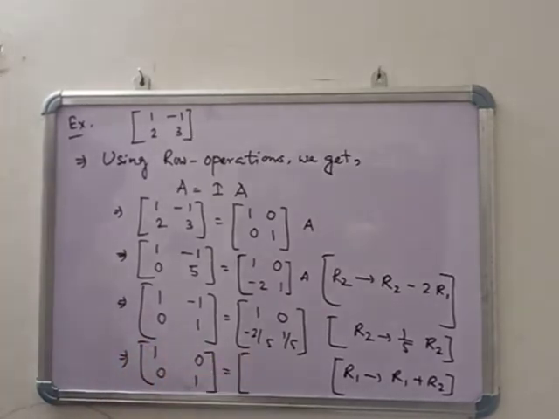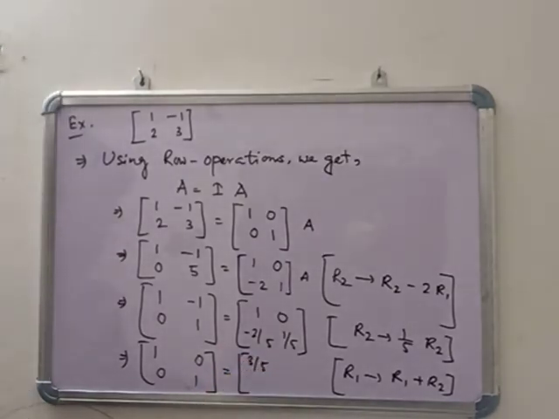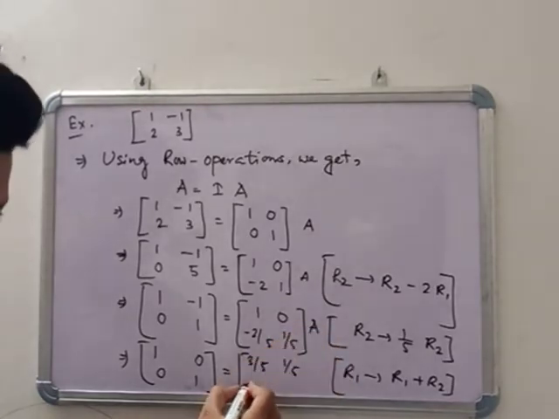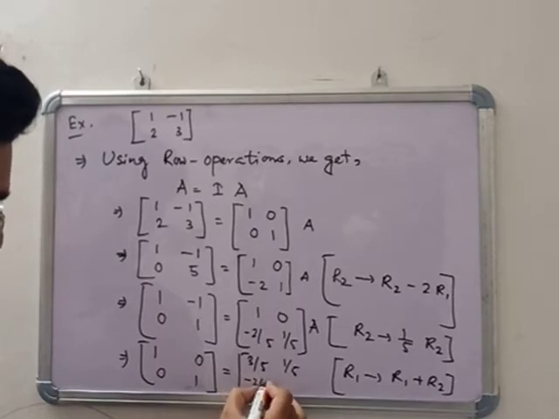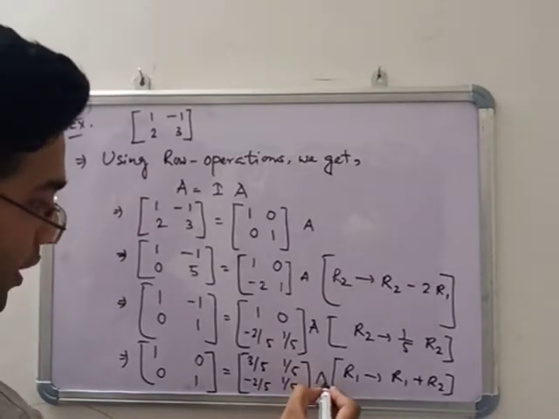equals 3 by 5, 1 by 5, A is there, minus 2 by 5, 1 by 5. Check it once again. 1 0 0 1, okay, minus 3 by 5, 1 by 5, minus 2 by 5, 1 by 5. So A is there.